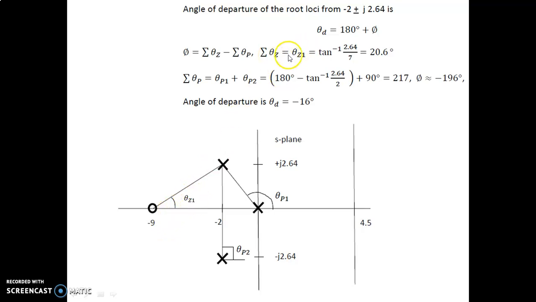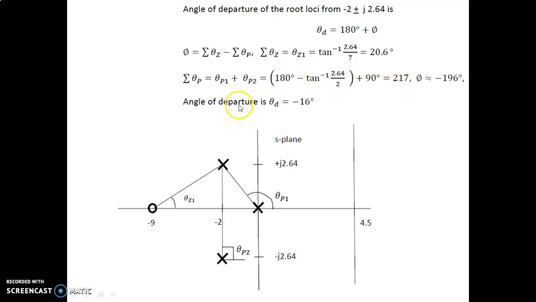Theta z1 is 20.6 degrees, approximately over here. Then, for the other two poles, the angles subtended by them onto this particular point are theta p1 and theta p2. Theta p1 is 180 degrees minus tan inverse of 2.64 by 2, and the overall angle comes out to be 270 degrees.